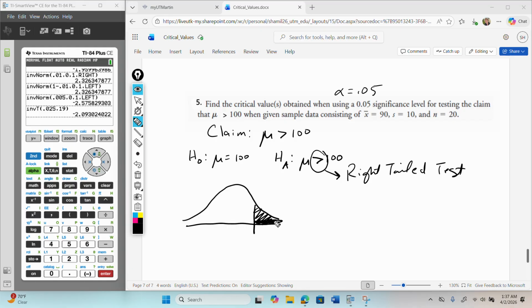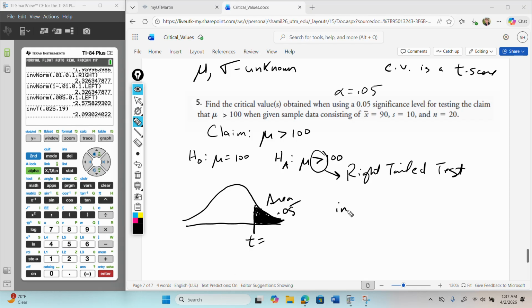So there's going to be one critical value. It will be a positive number and it will be a t-score because we still have a population mean where sigma is unknown. So my critical value is a t-score. And all of my area is in this right tail.